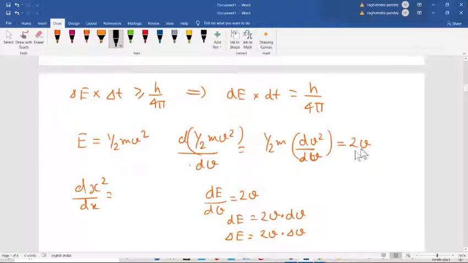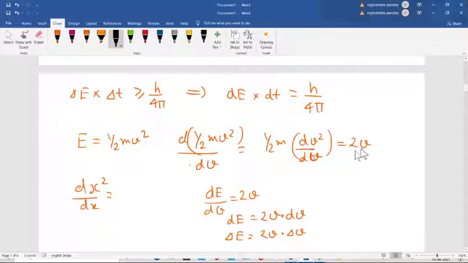Similarly, here you will not see the differential with respect to position, delta x, because position is a fundamental quantity. Only the derived quantities like momentum, kinetic energy, potential energy need the differential.